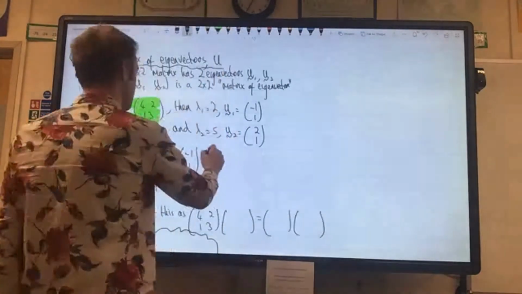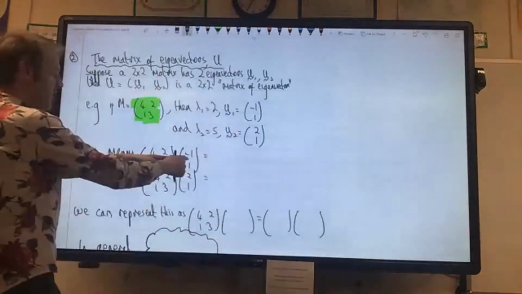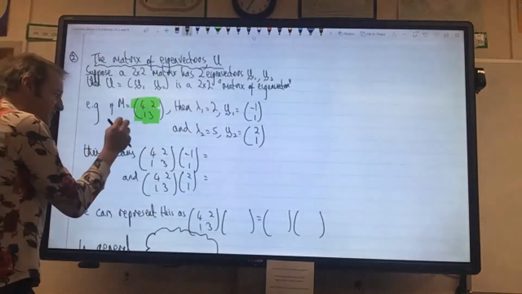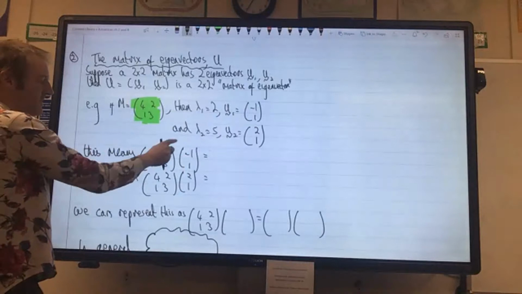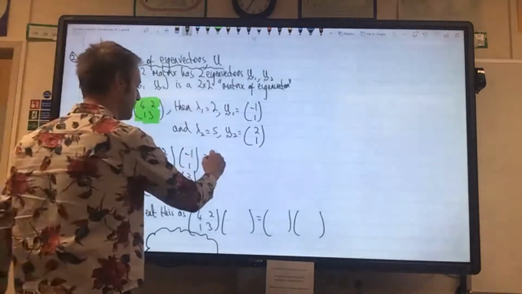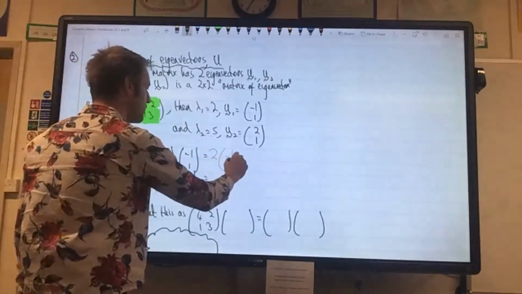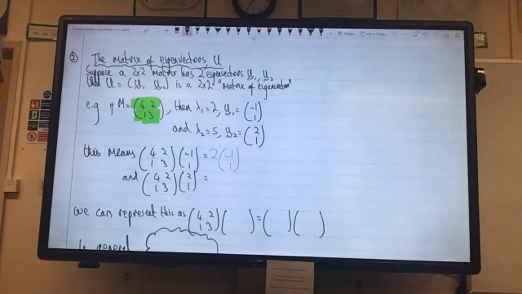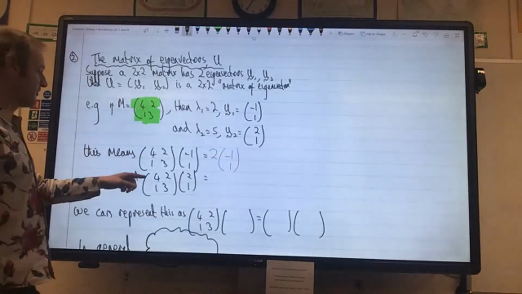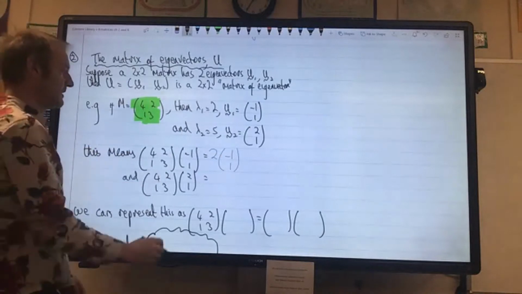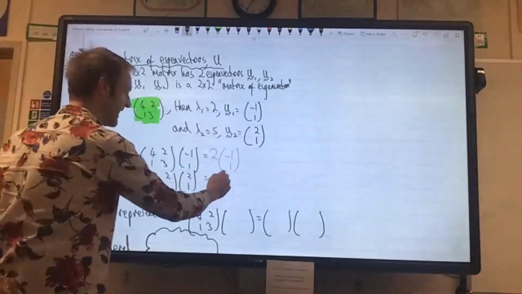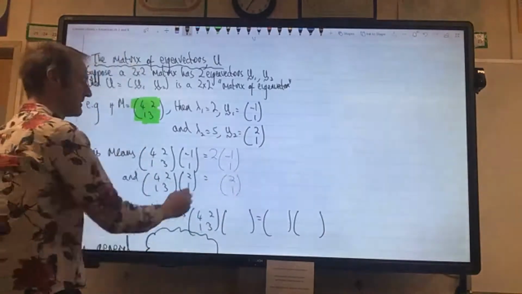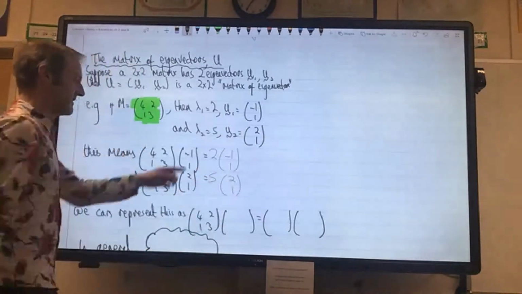Yeah, great. So that's what I wanted. Because that's an eigenvector with eigenvalue 2, it means by definition that 4, 2, 1, 3 times -1, 1 must be 2 lots of -1, 1, which you can confirm by doing the multiplication. And likewise, 4, 2, 1, 3 times 2, 1. Well, 2, 1 is an eigenvector, which means if you multiply it by the matrix, you get a multiple of the eigenvector, and that multiple is 5.